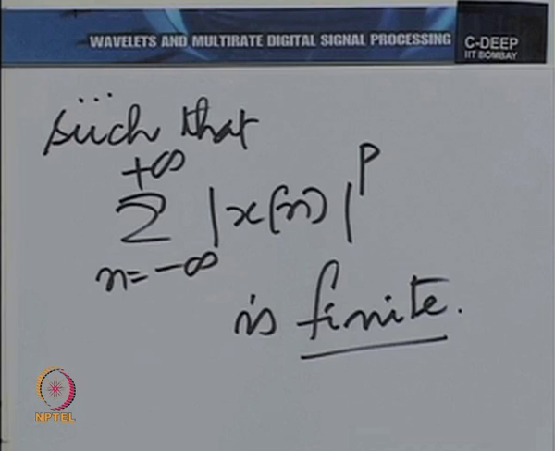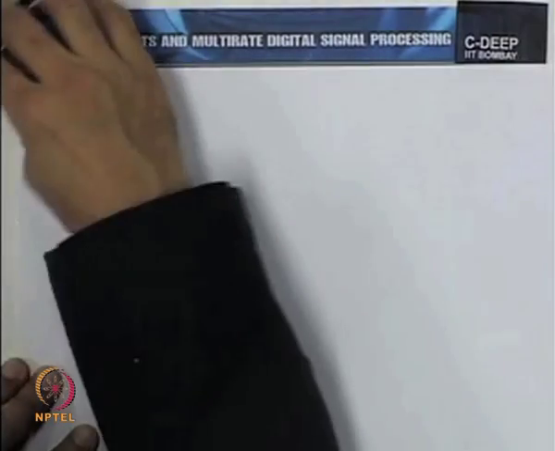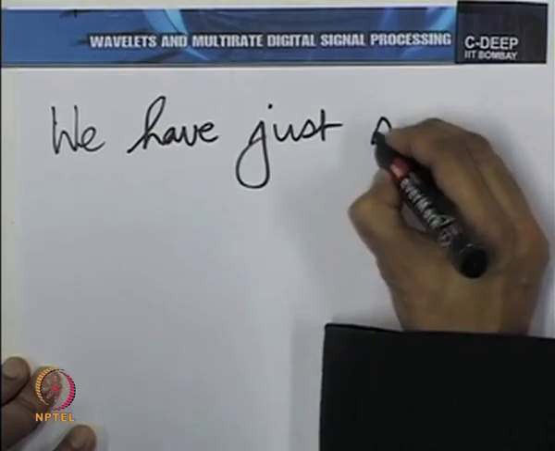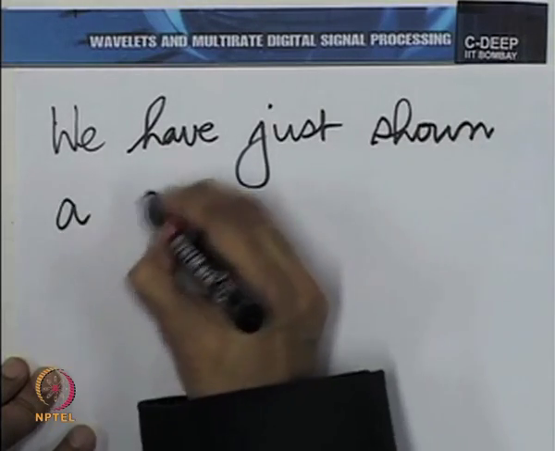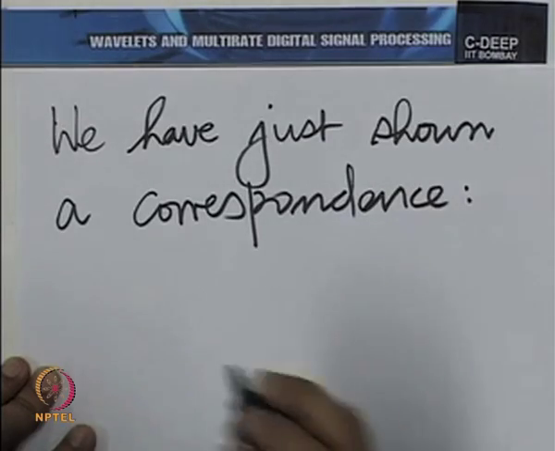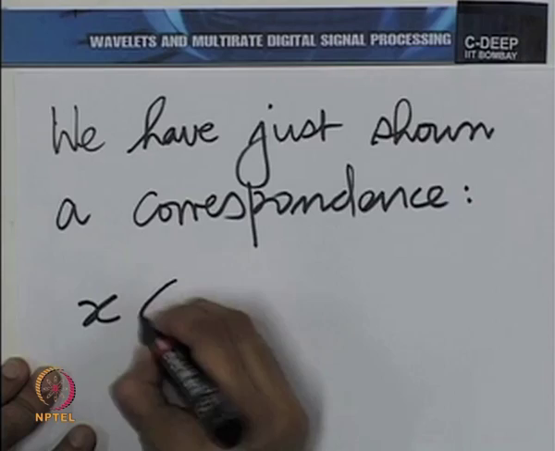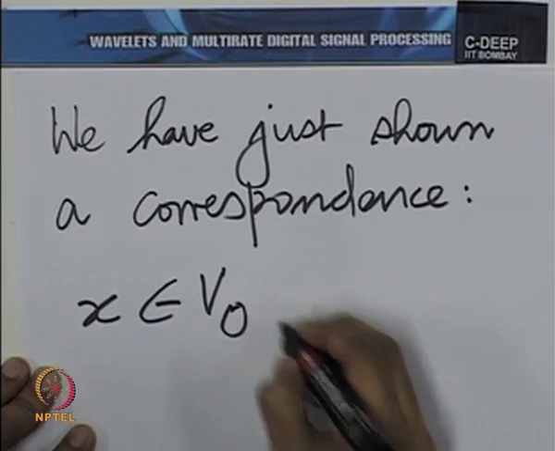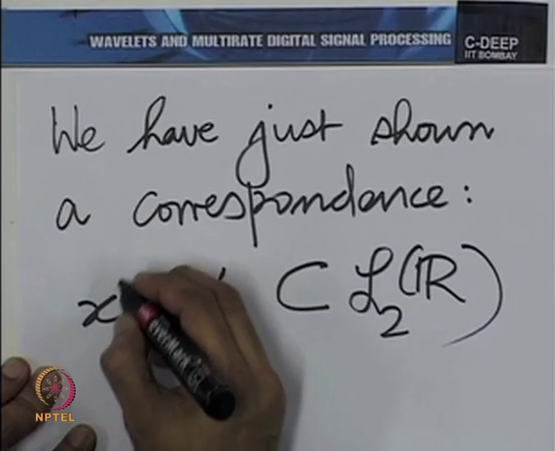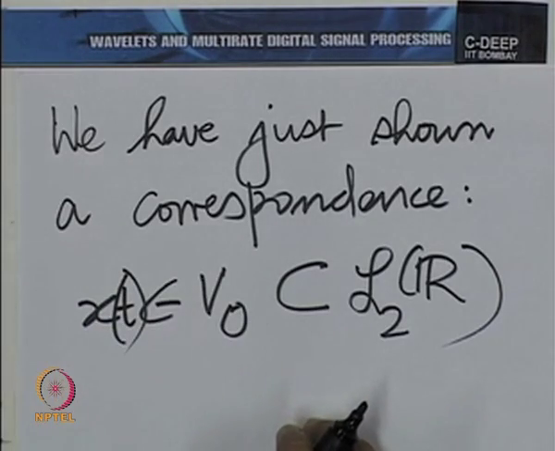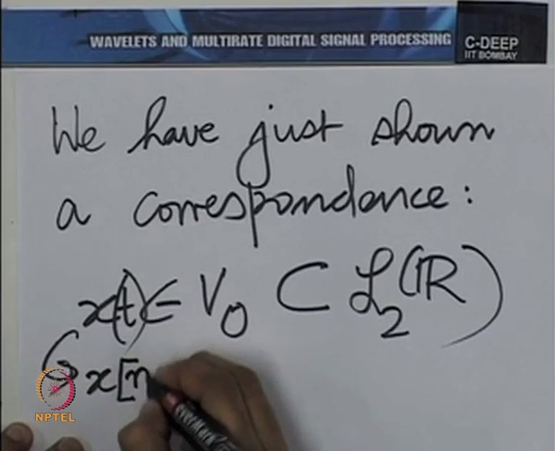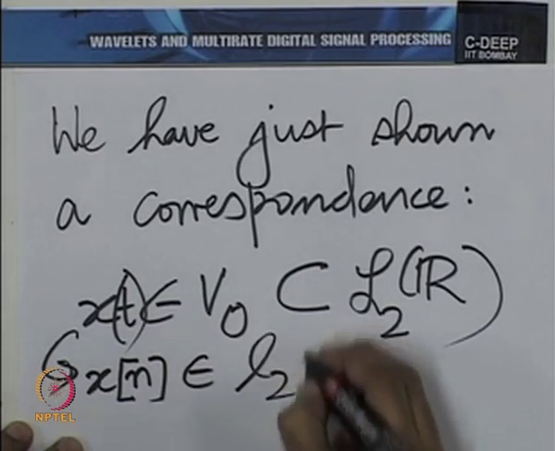So, we have just shown a correspondence: if x belongs to V0, which in turn is a subspace of L2R, of course, here we are talking about a continuous time function x of t, then we have the corresponding x of n belonging to small L2Z.